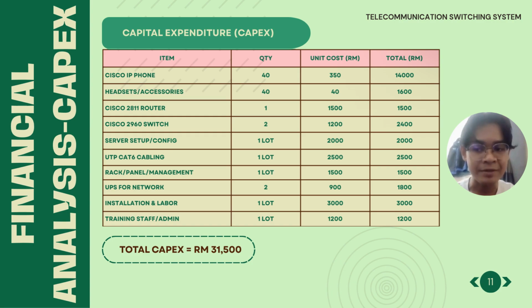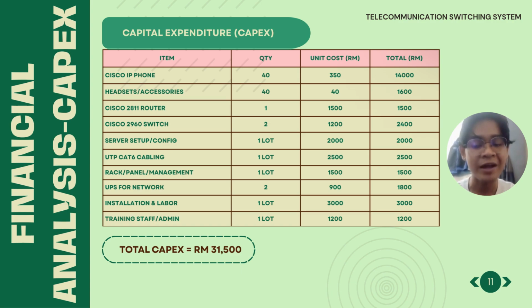Besides that, we include the server setup, which is UTP Cat6 cabling, rack and panel installation, and network UPS to ensure that the network is stable, organized and protected from interruption.